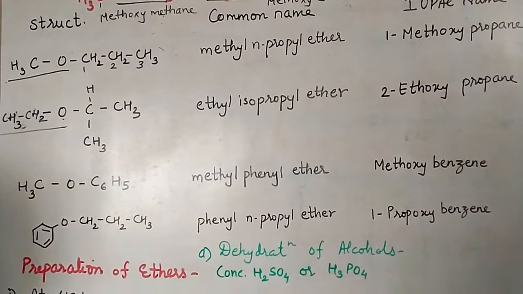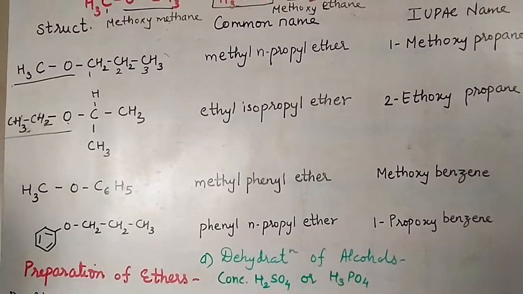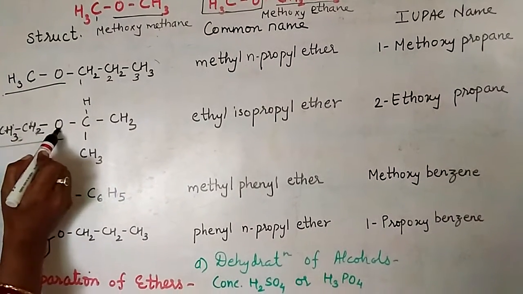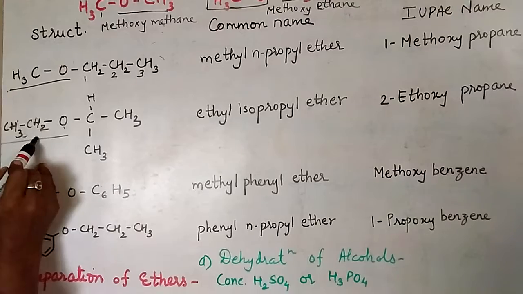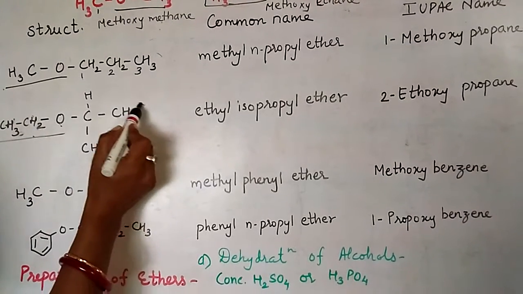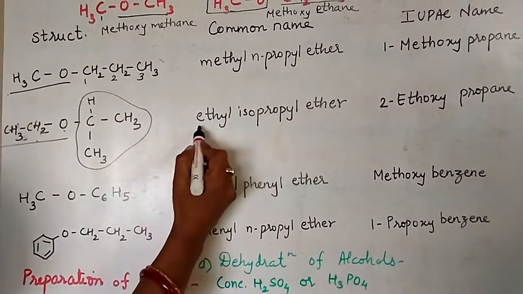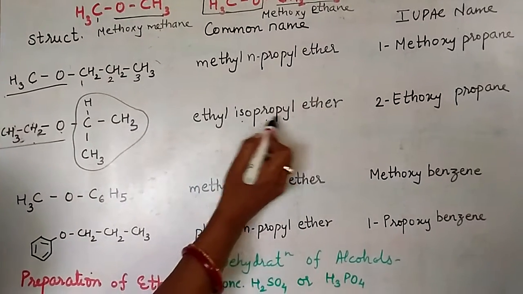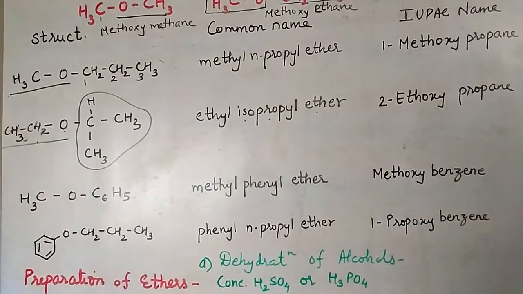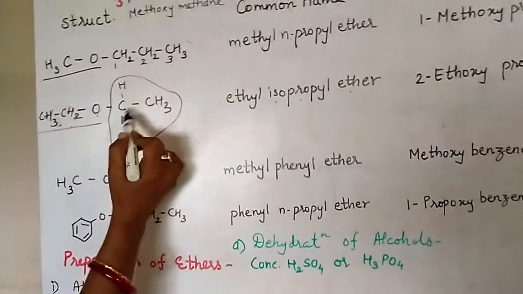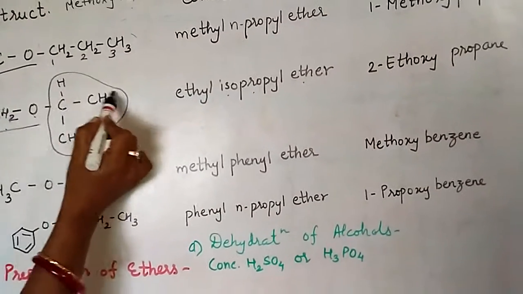So while giving the IUPAC name you will do it, but when you are writing the common name, look at the groups on both sides of oxygen. One is the ethyl group and the other group that comes is the isopropyl group. So you will name the compound as ethyl isopropyl ether. Why the word isopropyl? Because you will find carbon has this shape, this L form.